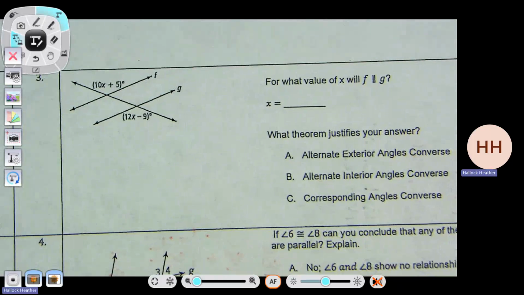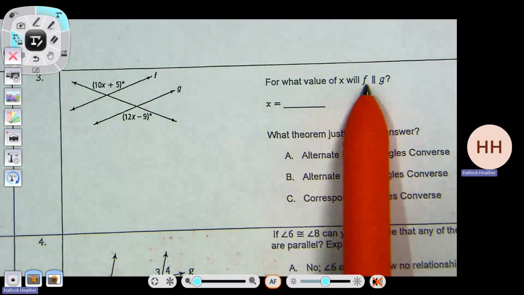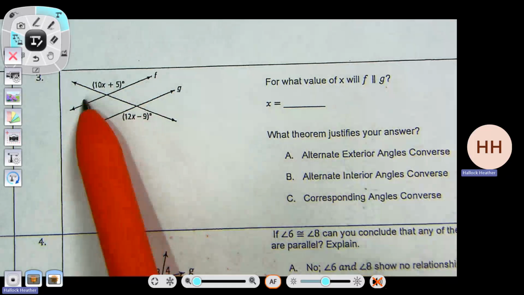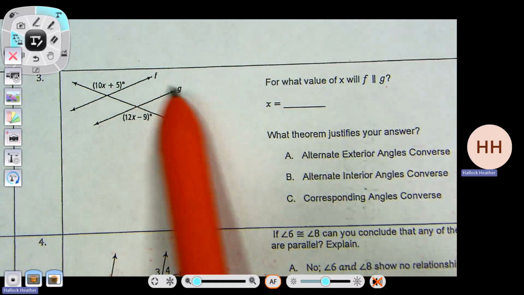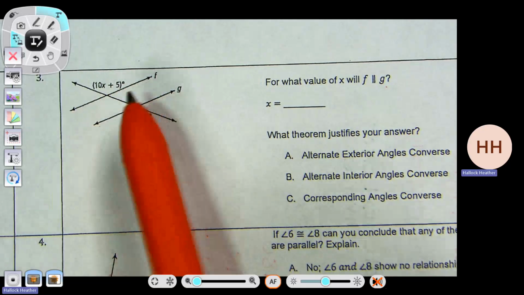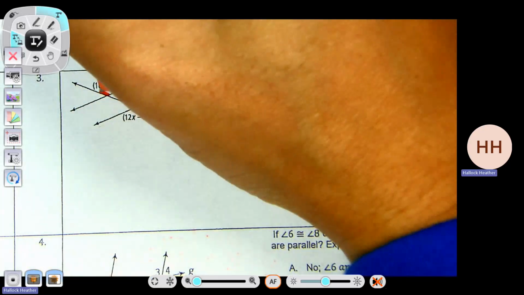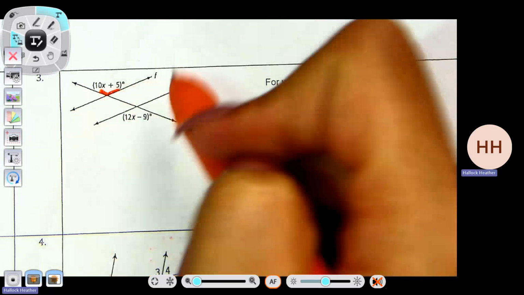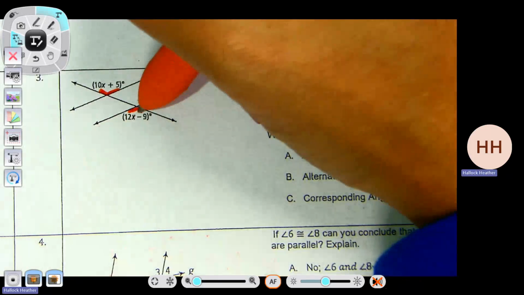On the back, it says, for what value of X will F be parallel to G? So F and G, we need to figure out what X has to be to make them parallel. So this is an exterior angle. This is also an exterior angle.